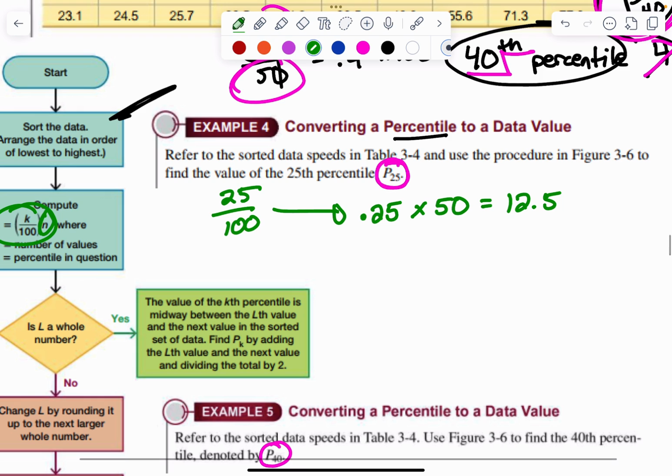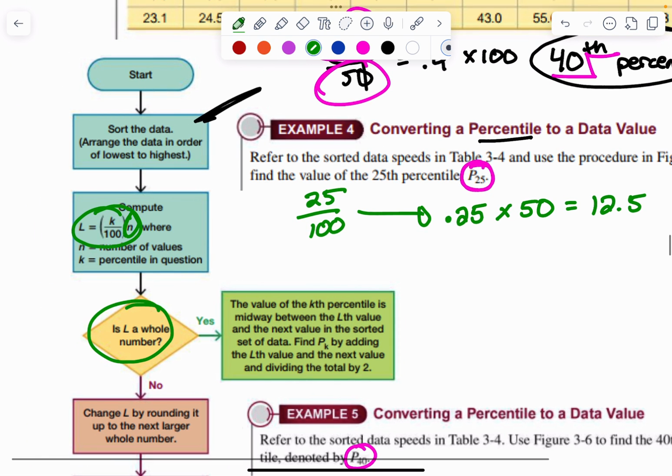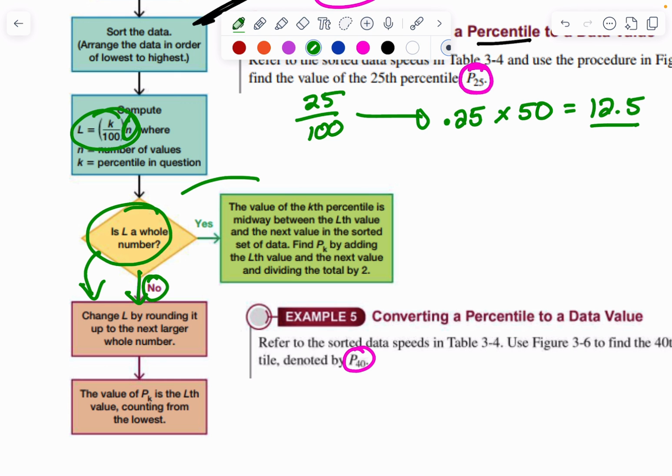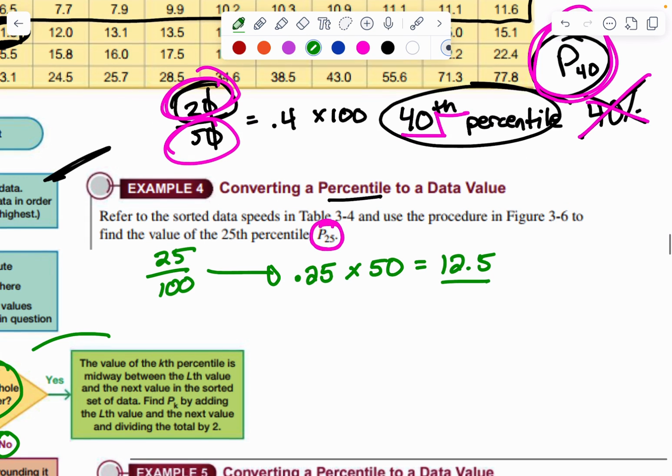If that 12.5 would have been a whole number, I'll get to that. Since it's a decimal, we're going to follow along this progression. It's not a whole number, it's a decimal. So we are going to always round up to the next largest number, right?